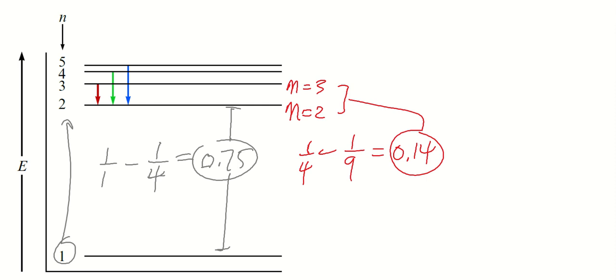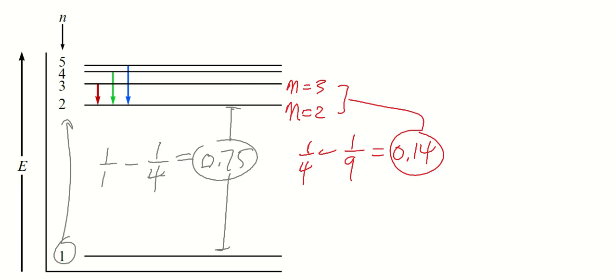How many times does 0.14 go into 0.75? About 5 times, a little more. This whole area is about 5 times larger than that, if the diagram is drawn to scale.